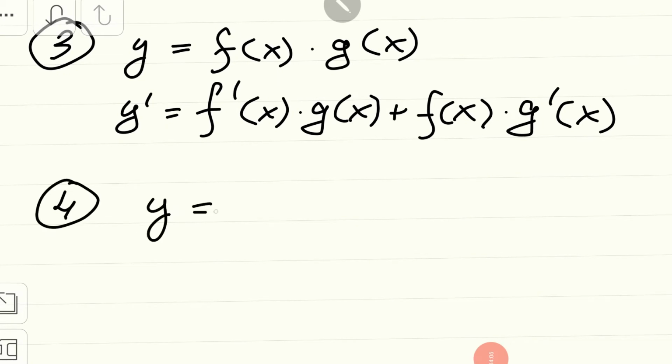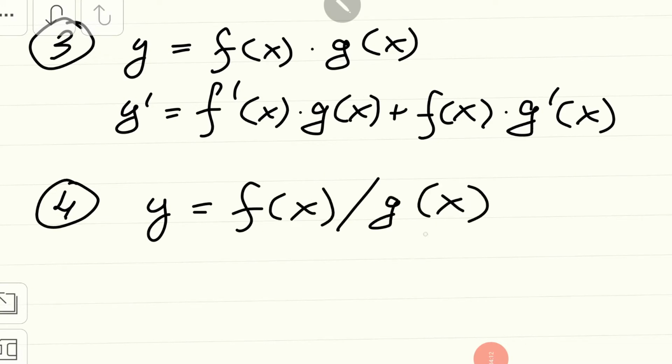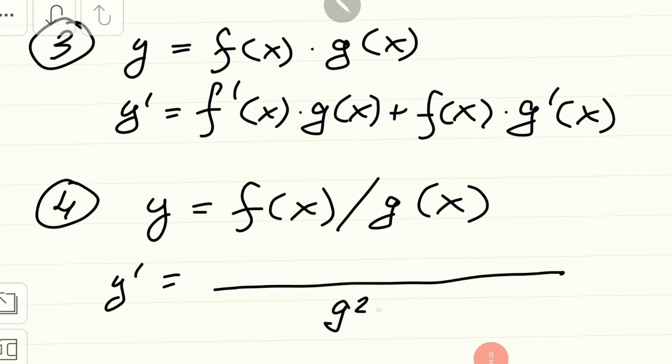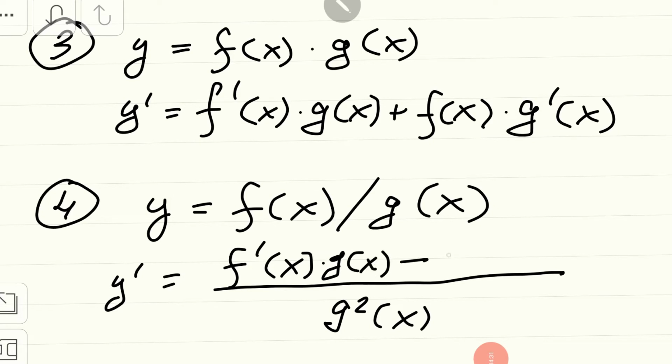If you've got one function divided by another function, f divided by g, then the derivative y prime will equal, let's draw the fraction line, the denominator will be g squared, and the numerator will equal f prime times g minus f times g prime.